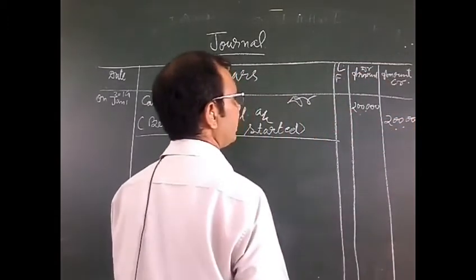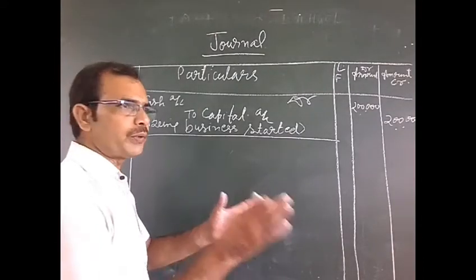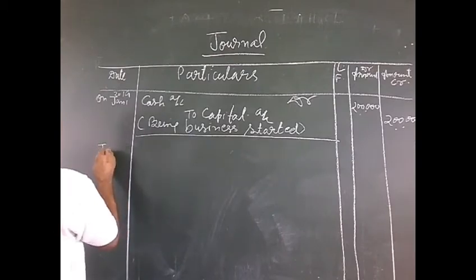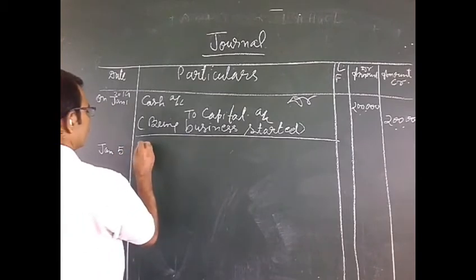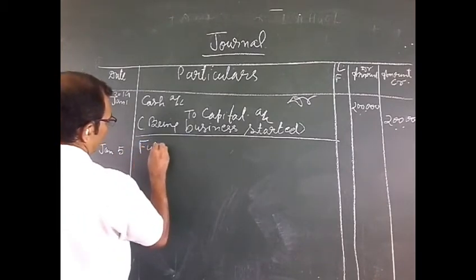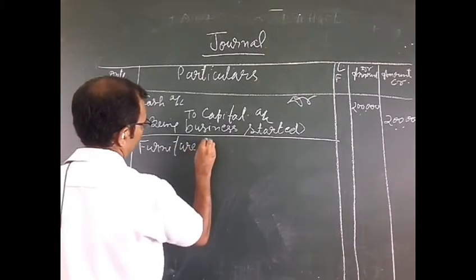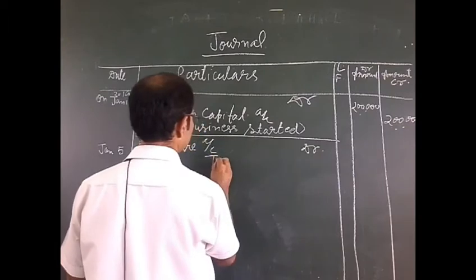The next entry is furniture purchased of rupees 20,000 on January 5. Furniture account debit, to cash account.